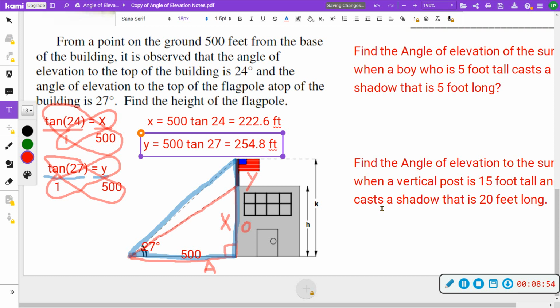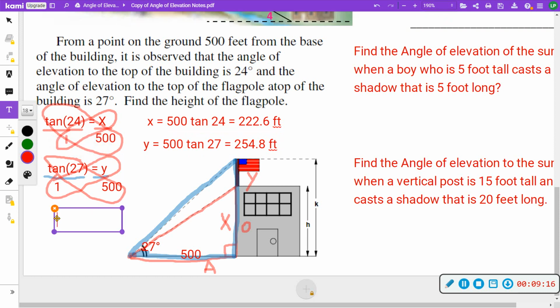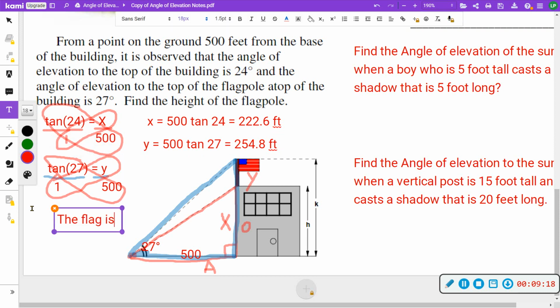The flagpole is not that tall, and obviously this picture is not drawn to scale, but if from here to here is 222, and from here to here the total is 254, I would just subtract those two numbers. So I'd go 254.8 minus 222.6, and I get, I guess it's not that bad. The flag is 32 foot tall. So I'd say the flag is 32.2 feet tall.